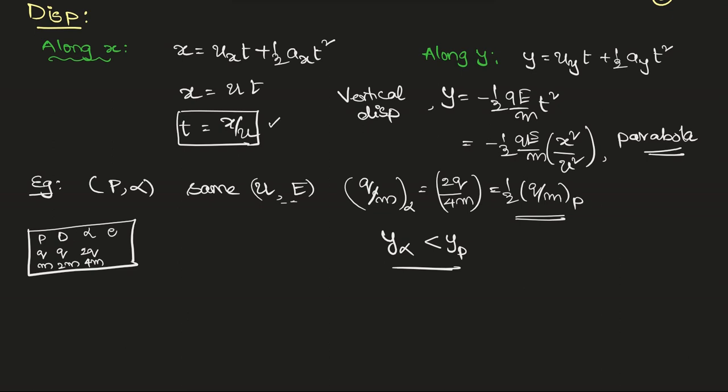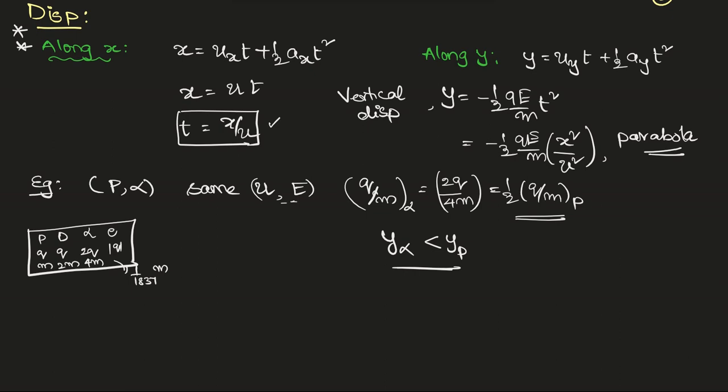Electron, they will also give, whose charge is magnitude wise the same but direction wise different, and mass will be nearly 1 by 1837 times the mass of the proton. So if the same question were asked with proton and electron, q by m for the electron will be greatest, so it will have greater displacement. That kind of theory questions you can also expect based on these displacement equations, very, very important.